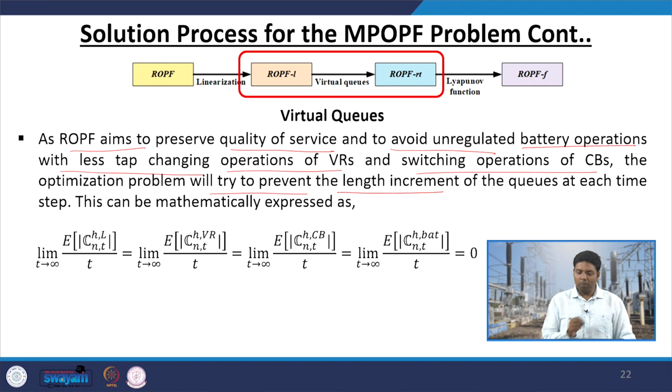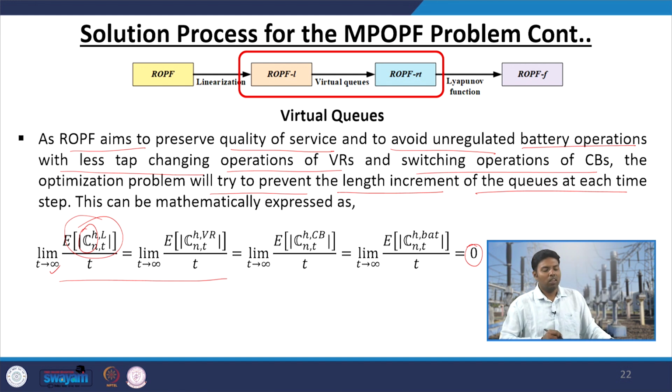So, the length increment of those queues must be restricted. That is done by imposing this constraint, where we say that for time T tending to infinity, the expected increment of your queue length is 0. That means the queue is not increasing. If that is satisfied, then you will say my operation is settled.